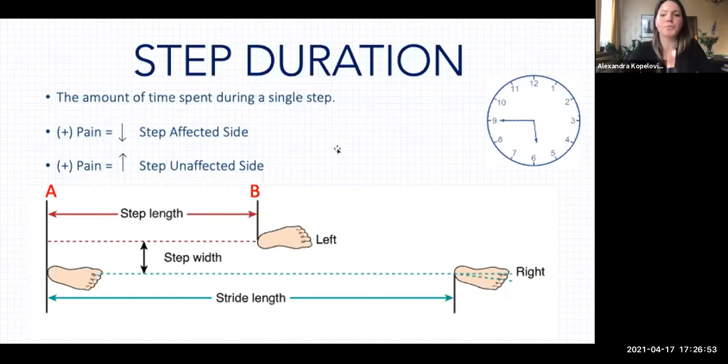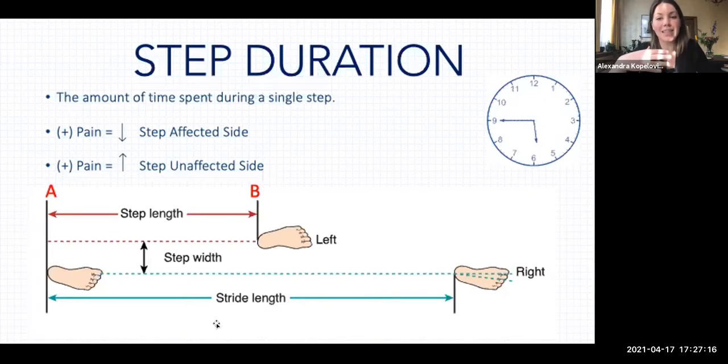So typically, when a patient presents with pain, it will affect the affected and the unaffected side for the step duration. What we typically see in the clinical scenario is that patients will tend to avoid weight bearing on the affected side.